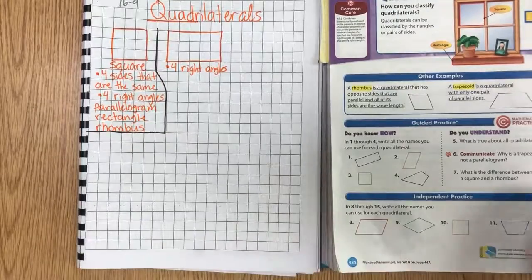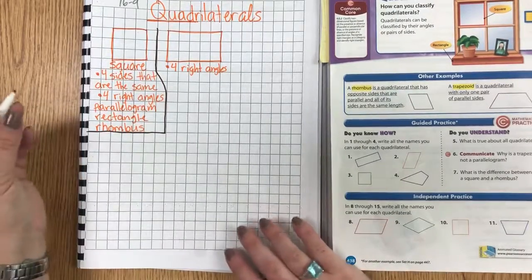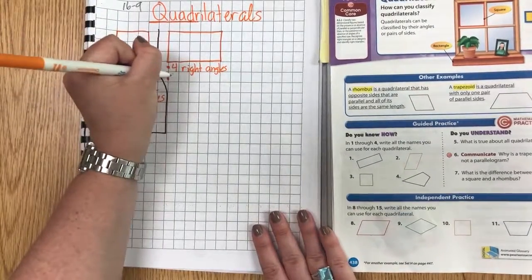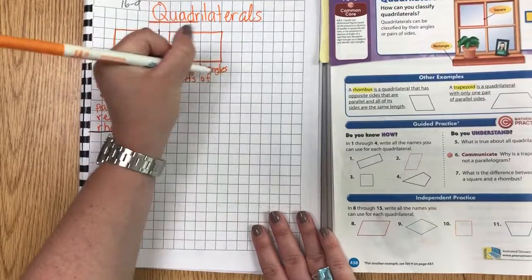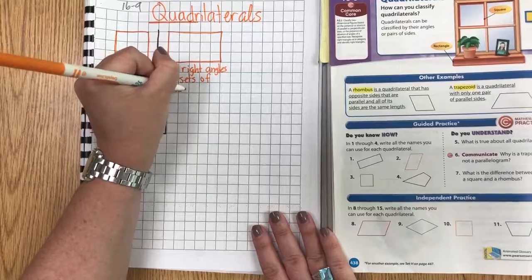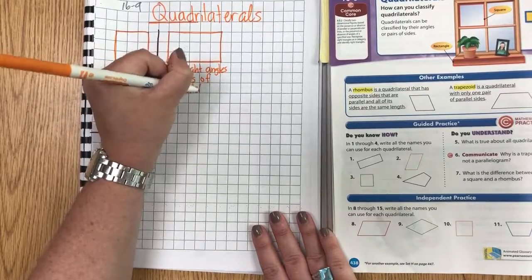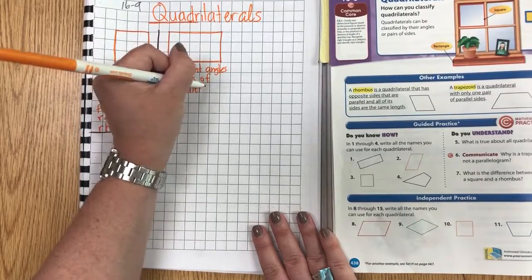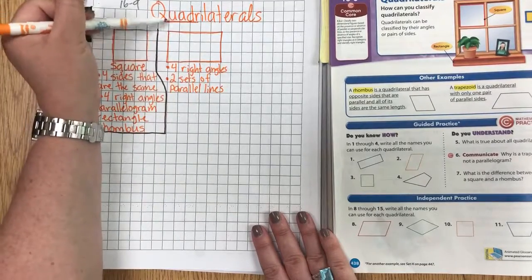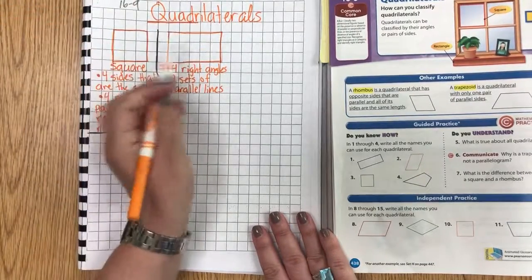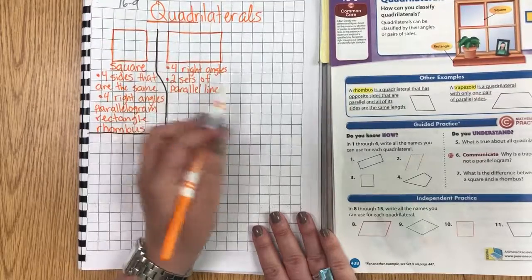Now, the other thing about a rectangle is that it has 2 sets of parallel lines. These are parallel, these are parallel.